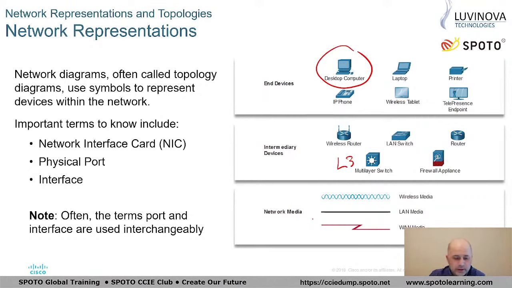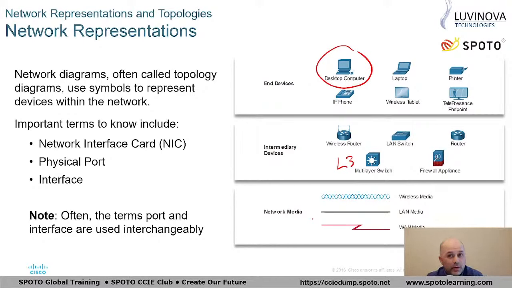So what is important, guys, to know in terms we are using in networking? Network interface card. Basically every device, if the device needs to be connected within the network, needs a network interface card. Without it, the device cannot be present in the network.